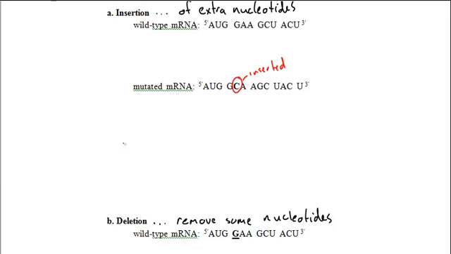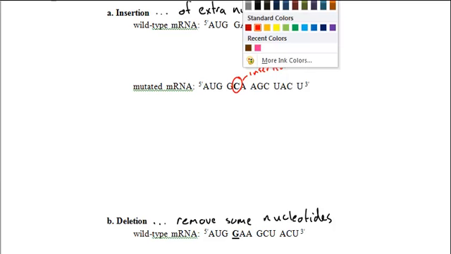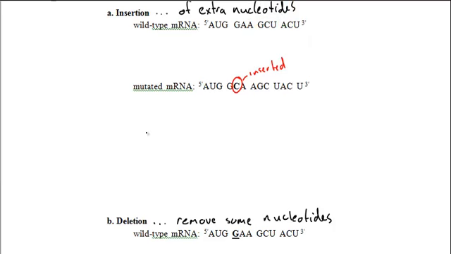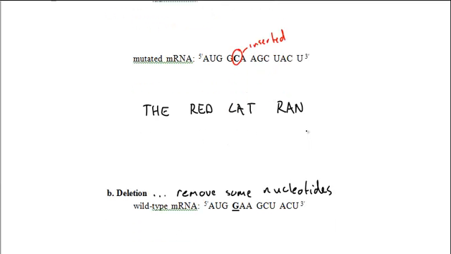A way to make an example of this is imagine you had a sentence like, the red cat ran. Okay, it's not a great sentence, but then you accidentally inserted a letter N, so it becomes thr edc atr an.